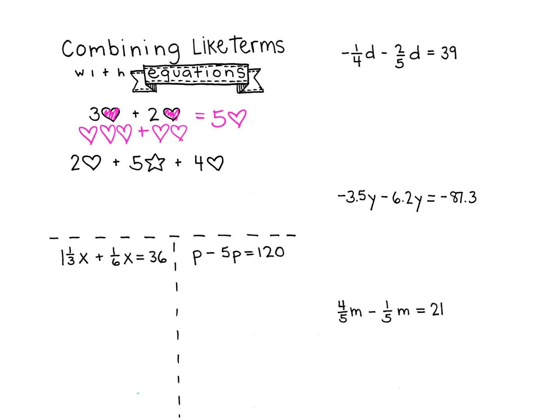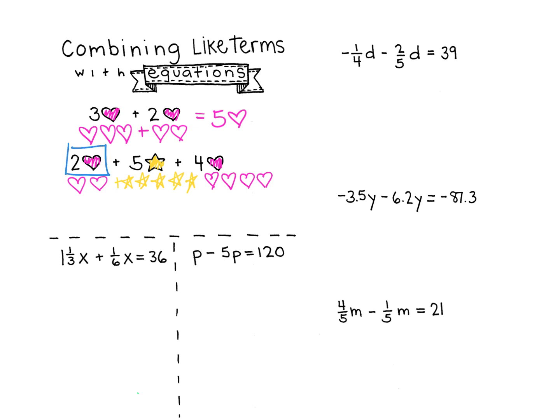We have 2 hearts plus 5 stars plus 4 hearts. If we were to combine these all together, what would we have? Well, we would have 1, 2, 3, 4, 5, 6 hearts.